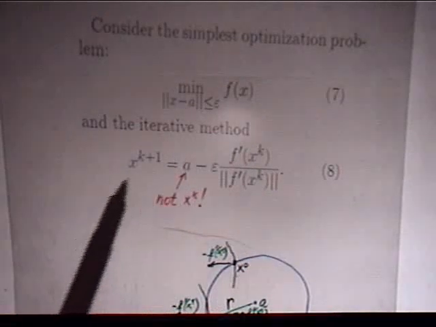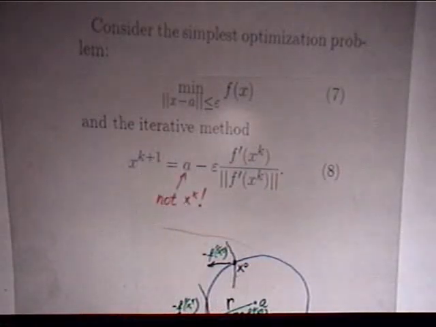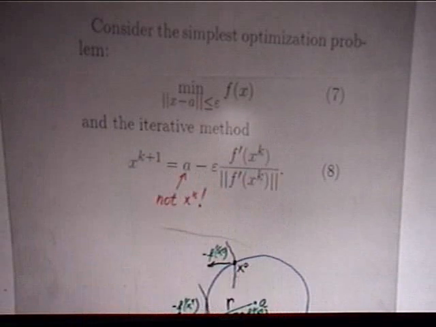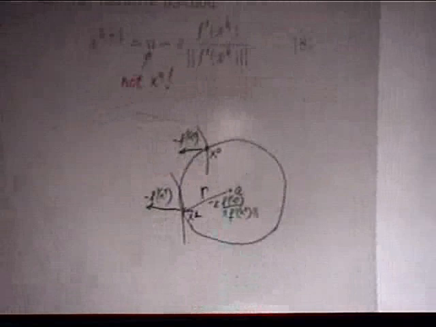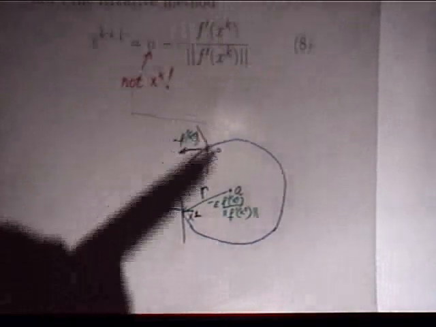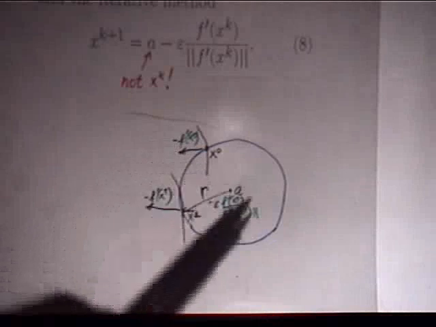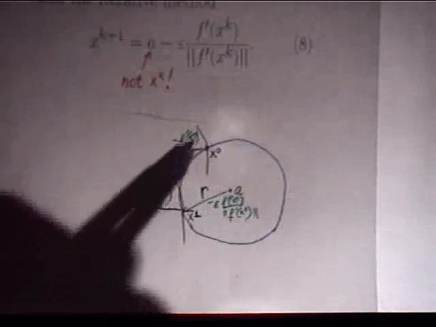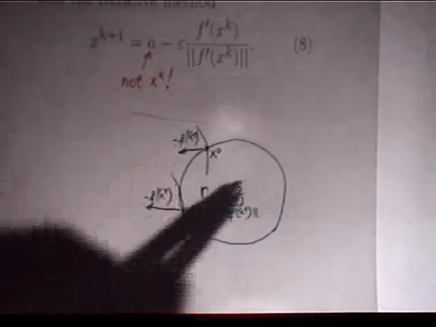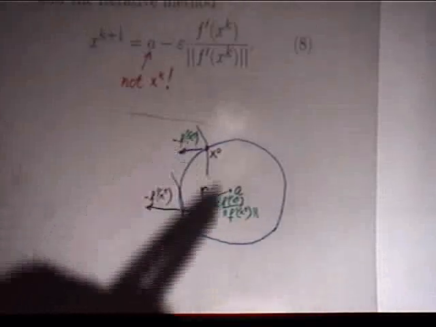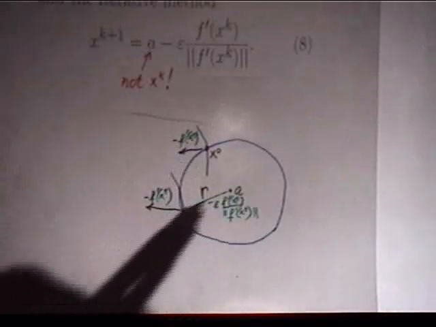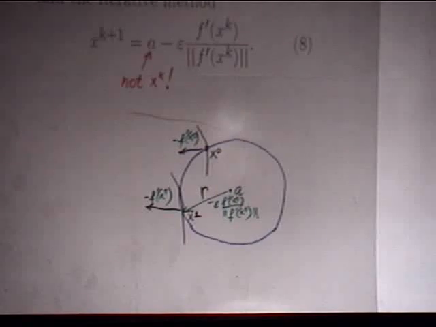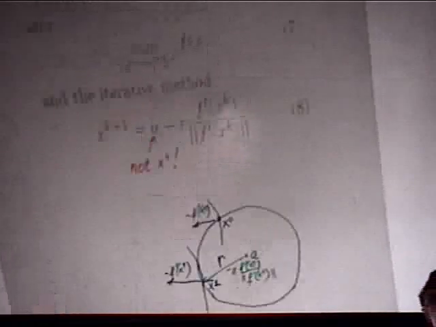Here we return back to the point A all the time and make steps only from this point A. And the step size in this case is exactly epsilon. So we start somewhere, we calculate the gradient here and make a step from point A. We go in parallel direction to this gradient, and we go to the boundary of this set and repeat.